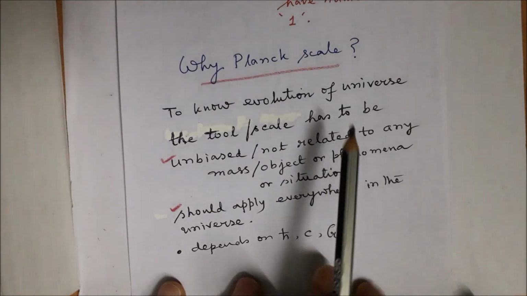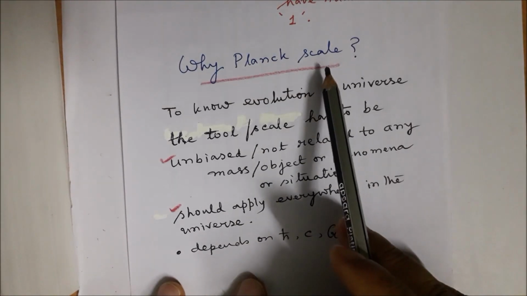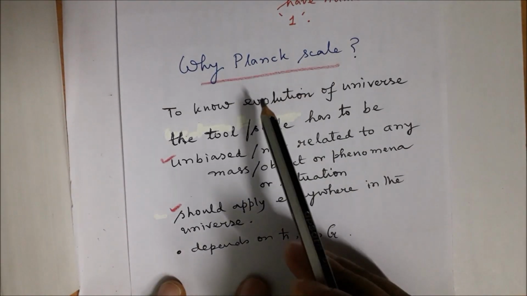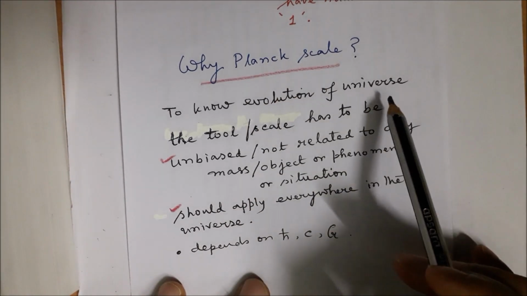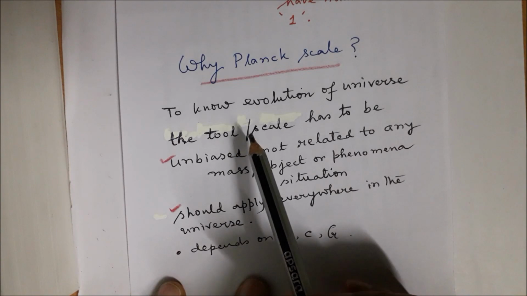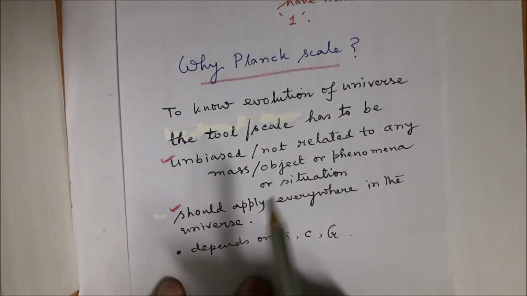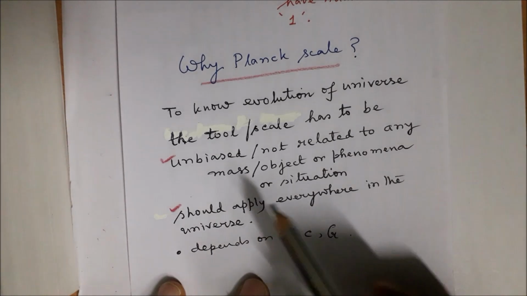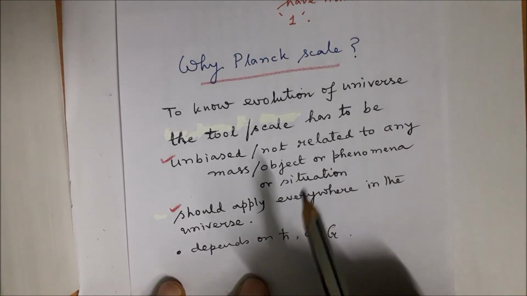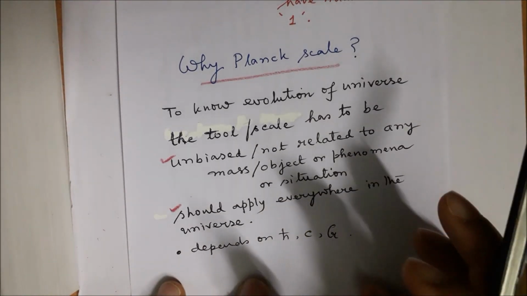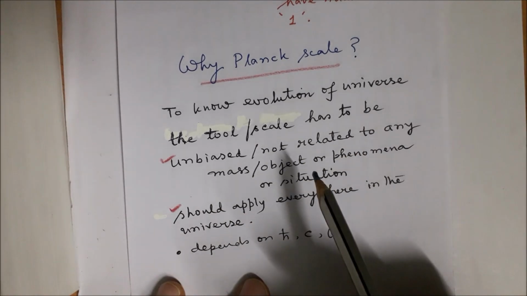Now the next question is, why the Planck scale? Planck scale is used to know the evolution of the universe. It is a tool or a scale that is completely unbiased, that is not related to any particular mass, object, phenomenon or situation, and it applies everywhere in the universe.